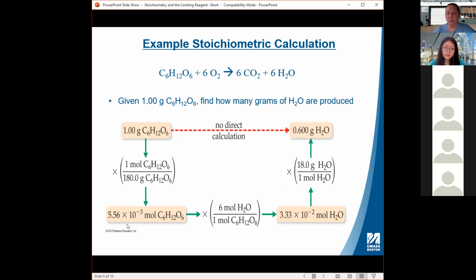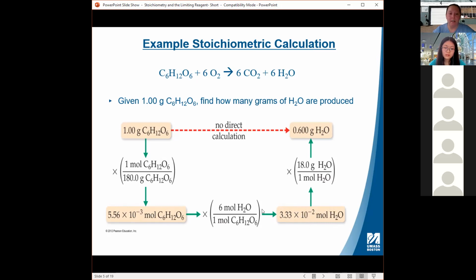Our units, moles of sugar, will cancel out here. What we're left with is 6 times 5.56 times 10 to the minus 3rd moles of H2O. So 6 times our moles of sugar equals 3.33 times 10 to the minus 2 moles of H2O.